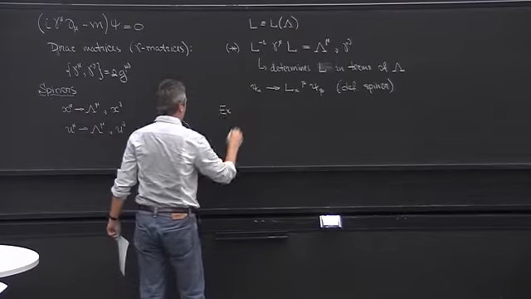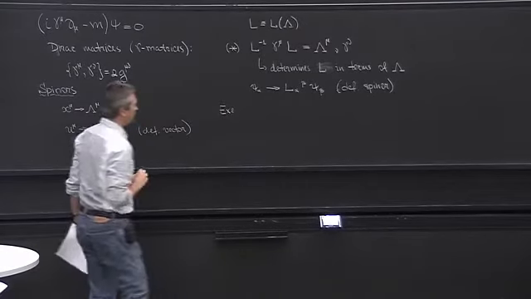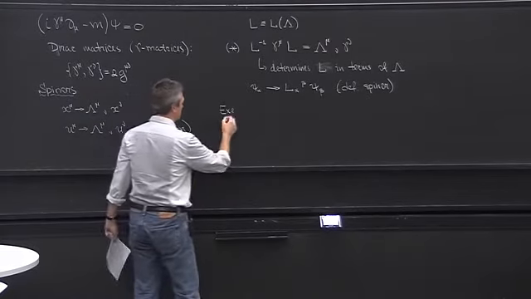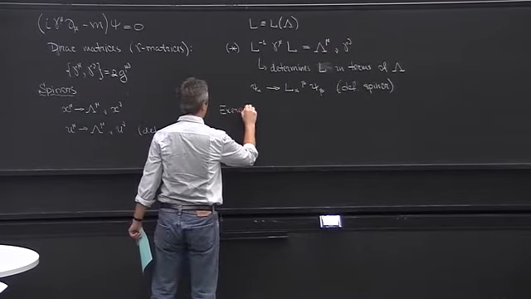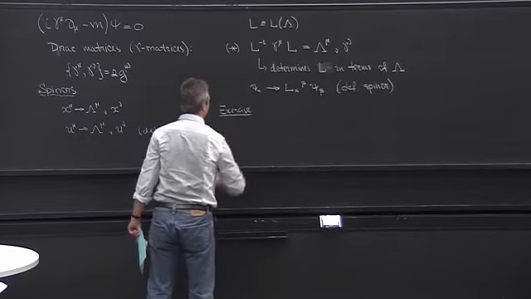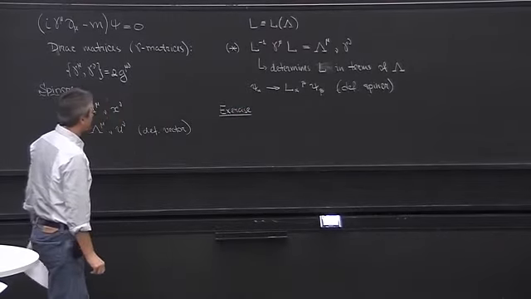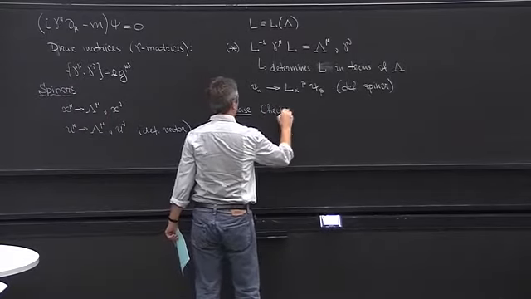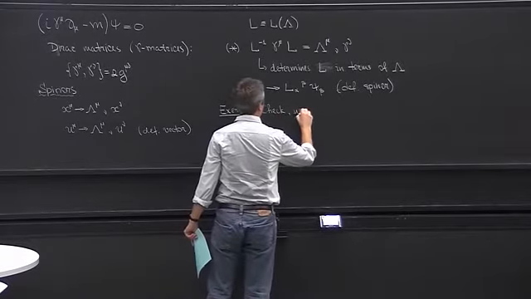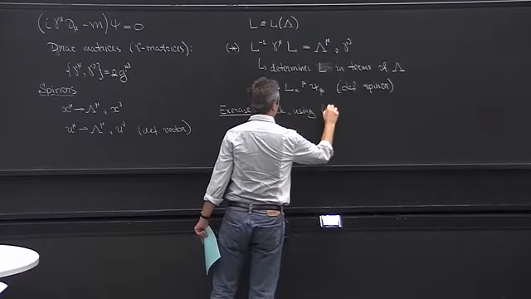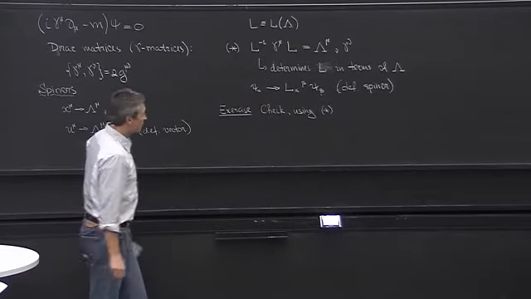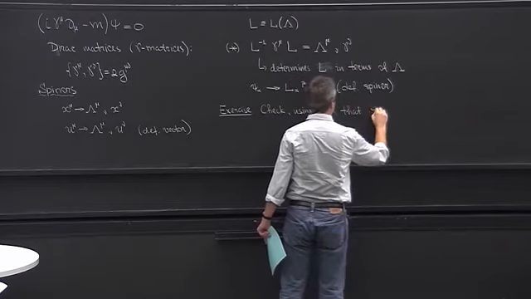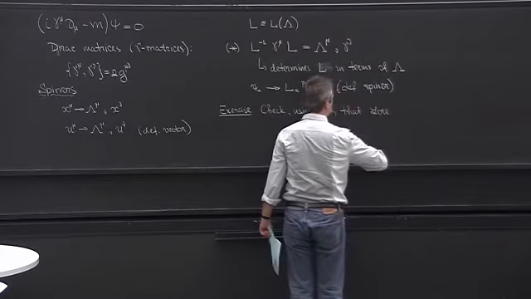So let me leave checking of this property as an exercise. Namely, you may want to check, using the defining property of lambda, that Lorentz transformations leave the Dirac equation invariant.